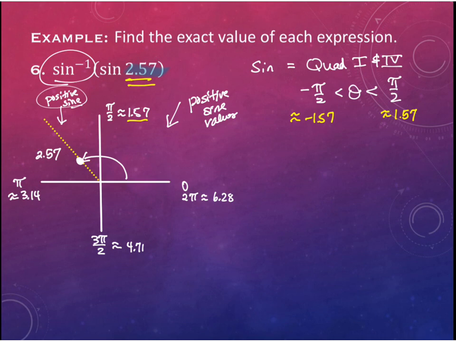So I want to find the corresponding angle measure that's over there in quadrant 1 that would be the same sine and inverse sine pair. And so what we're going to do is reflect this, if you will, back over here. So I want to reflect this to the corresponding location. Over here.